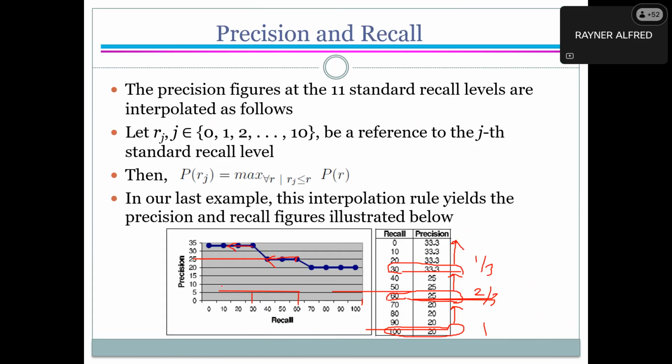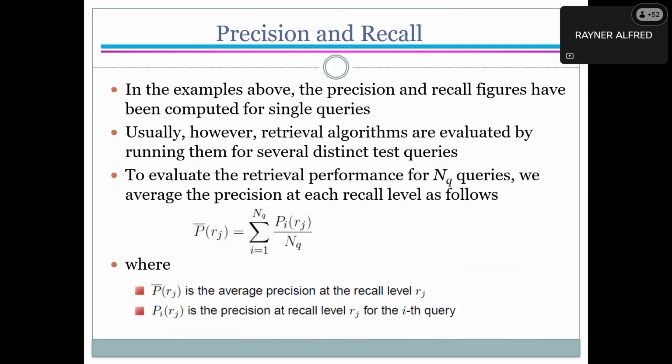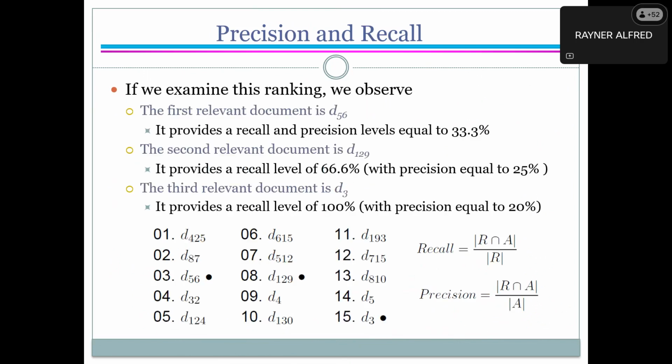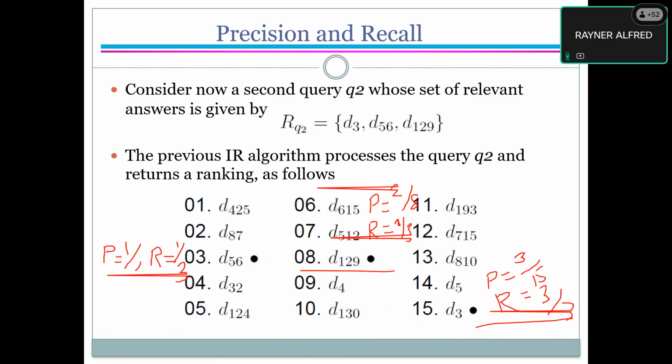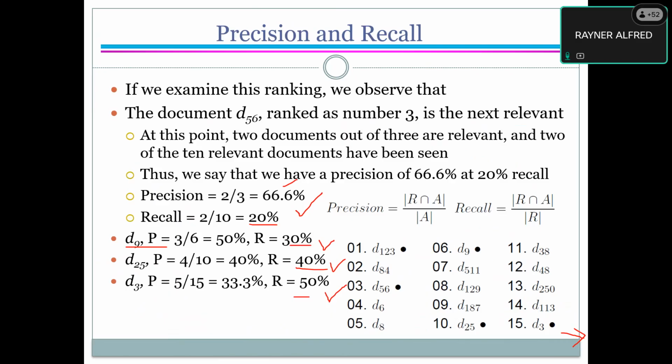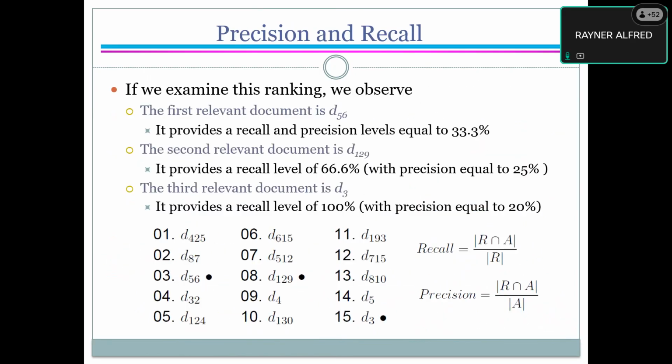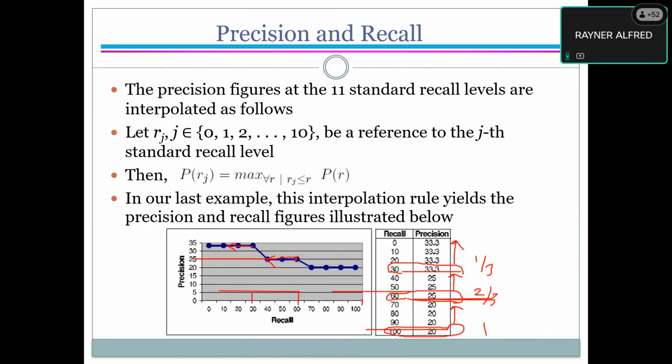Okay, for example, we are talking about the same system here. This is for RQ2. This is RQ1. So this is the graph for the query number 1. This is the graph for query number 2.